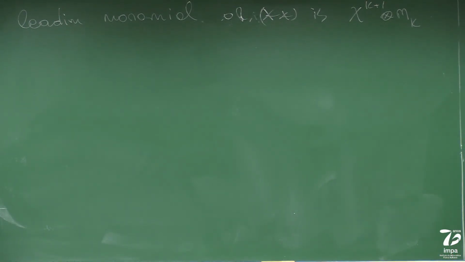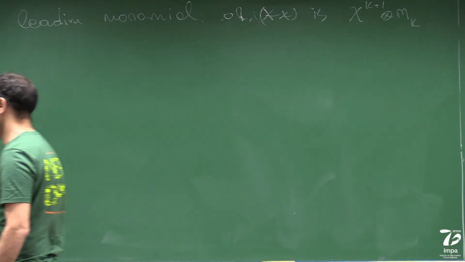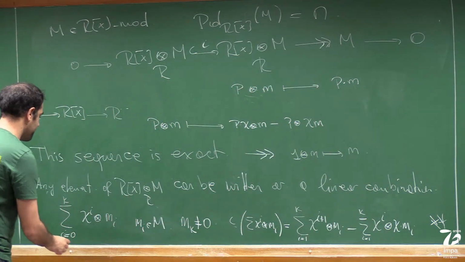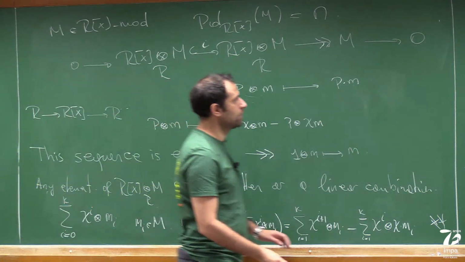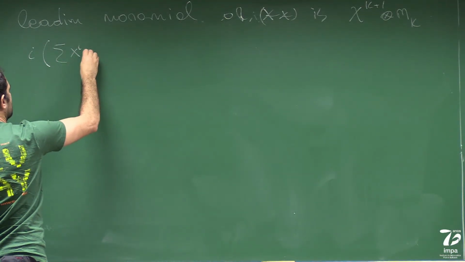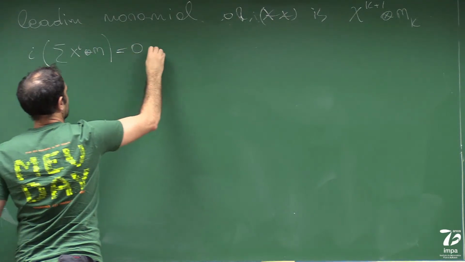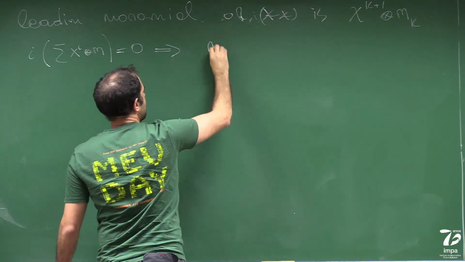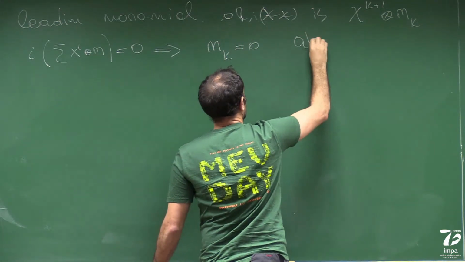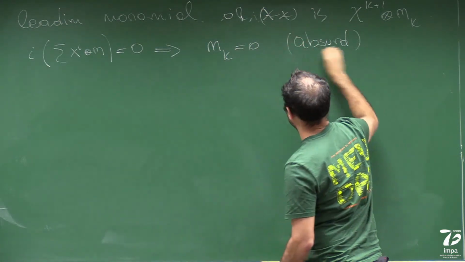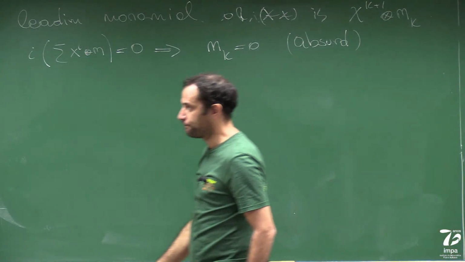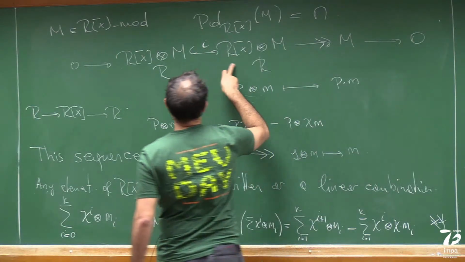So now if iota of this term here is 0, and this is the only monomial of that degree, this implies that m_k is 0, and this is absurd. We assumed that m_k was non-zero. So iota is injective. So this map here is injective.